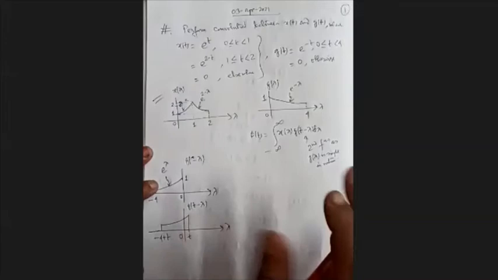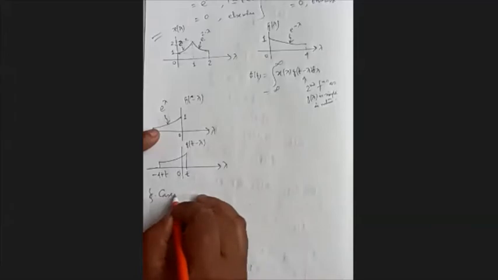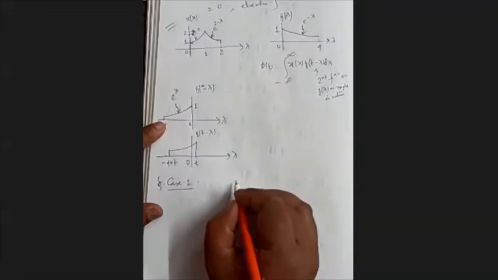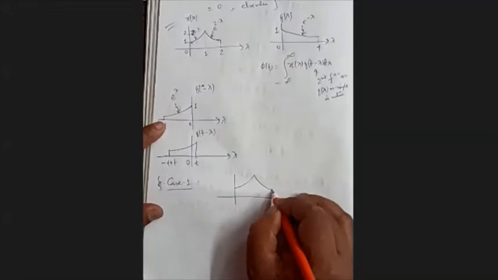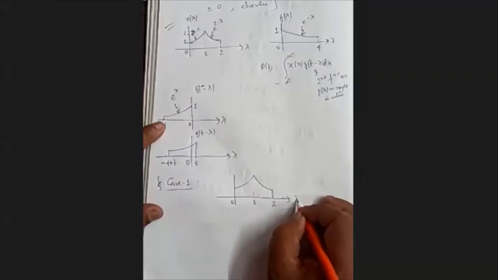And next what we do, first we want to identify the region of overlapping in that function. So our case 1. First we draw both the functions. So it is 0, 1, 2, lambda.